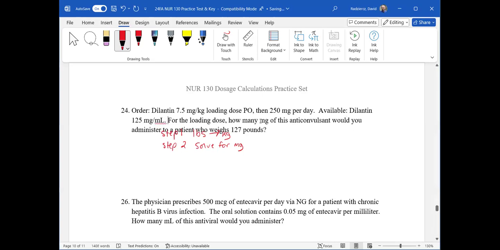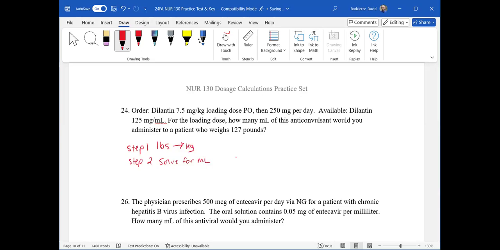So for the loading dose, how many milliliters would you administer to a patient who weighs 127 pounds? So again, solve for milliliters.